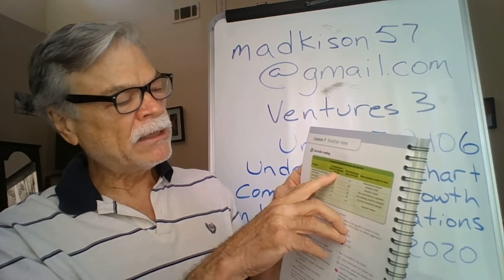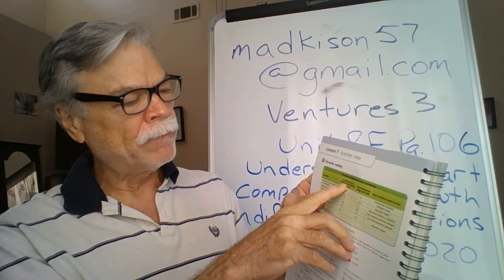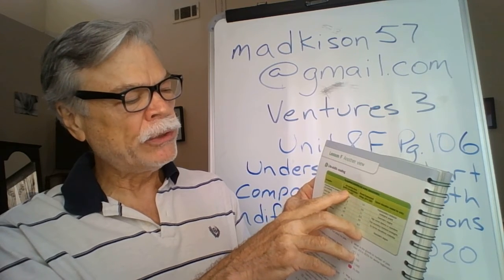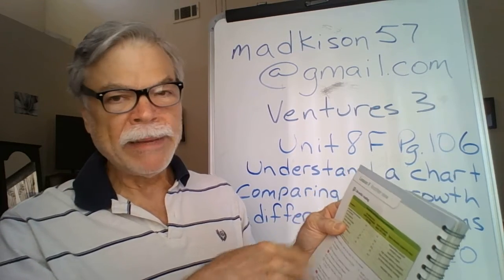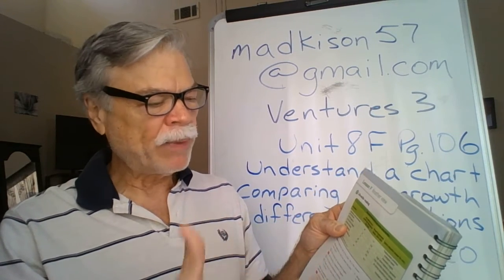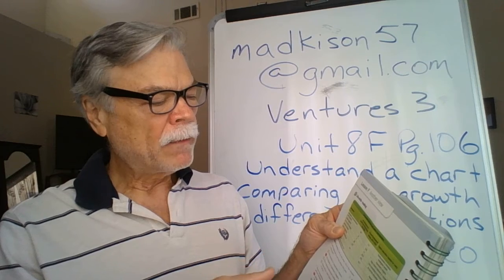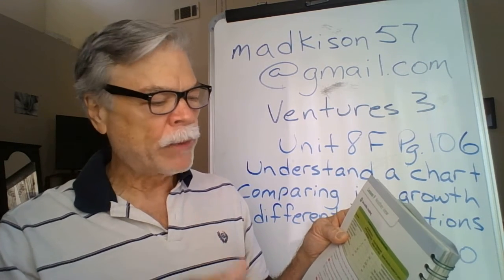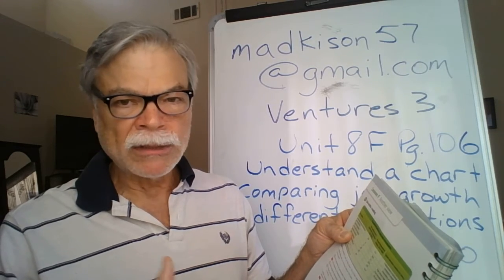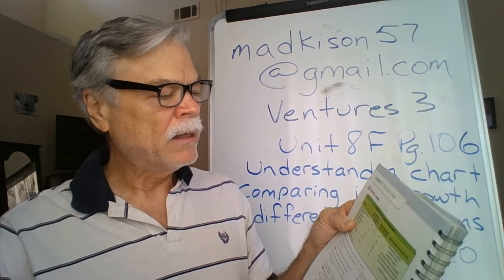Now, if you look at the second column up at the top, it says job openings due to growth and replacements. Growth would mean new jobs, and replacements means people who leave a job and are replaced, or someone else comes and takes their place.